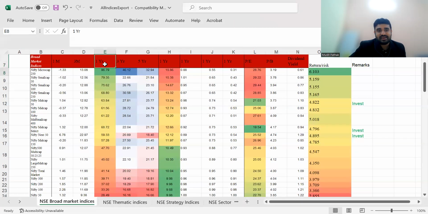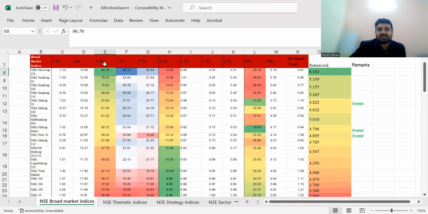You can see I've used color formatting for different fields which I think are quite important while considering investment. But just for sorting purposes, this is how they have performed in the last 1 year till 1st March 2024. This is the data till 1st March 2024 because it's monthly published data.